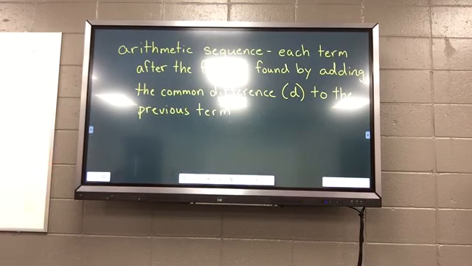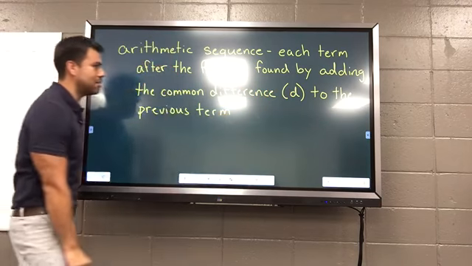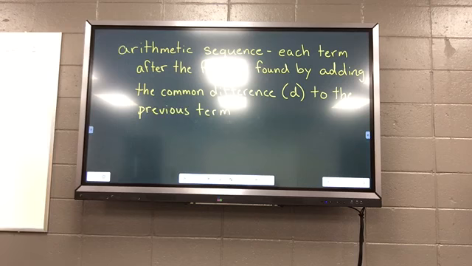Okay, I haven't even talked about what an arithmetic sequence is. We've just been looking at sequences. You need to know that each term after the first is found by adding the common difference to the previous term. It's what we did on the last problem.